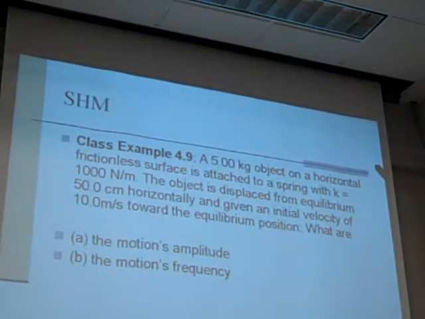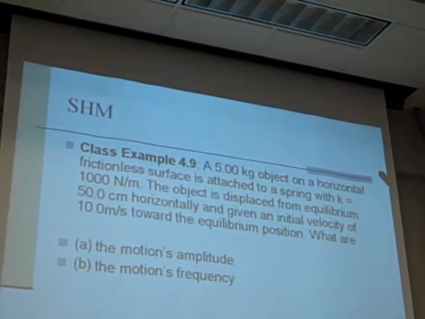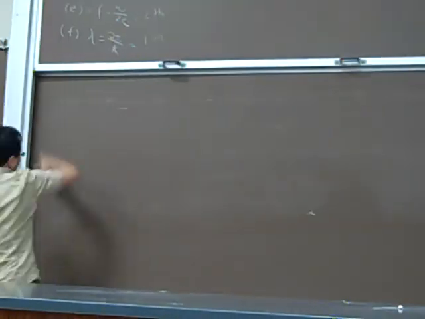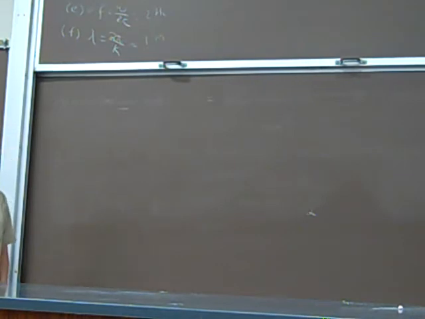We want to find the motion's amplitude and the motion's frequency. So first, this basically says I'm trying to make some oscillation. And how did I start the oscillation at the initial point?